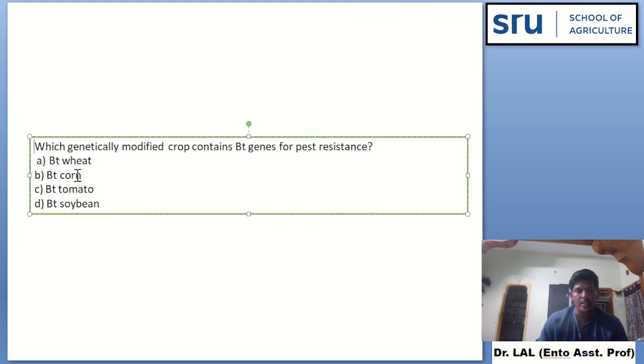The correct answer is Bt cotton. Bt cotton contains the Bt gene for pest resistance.